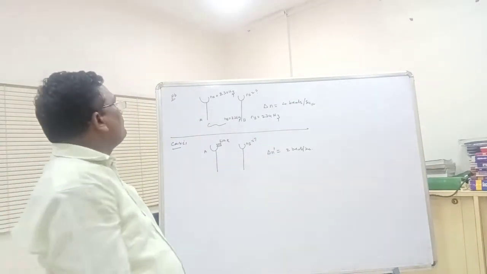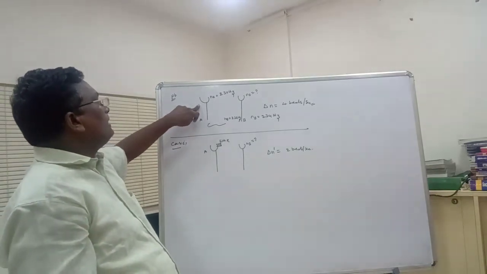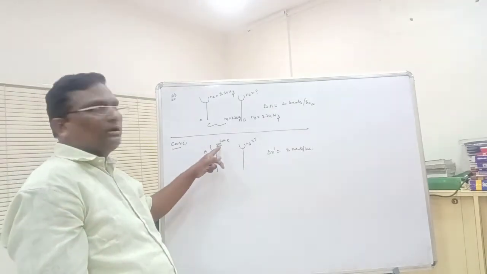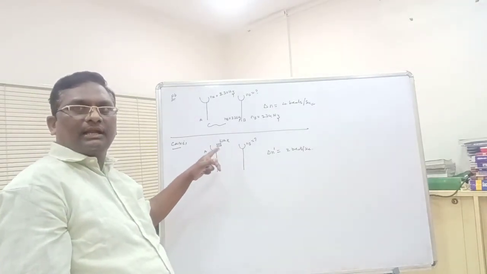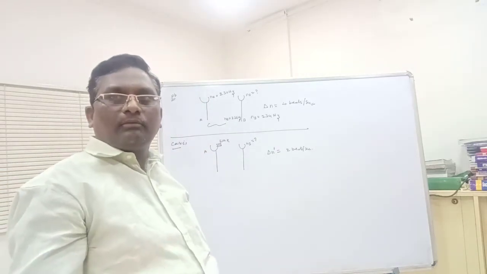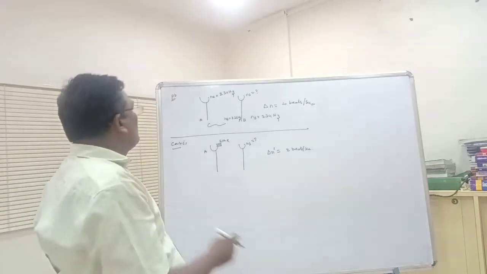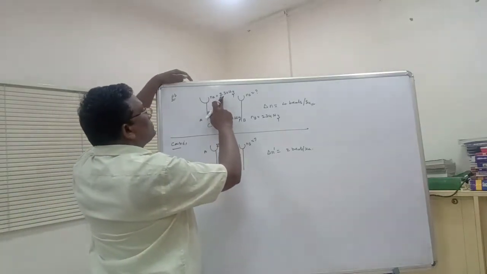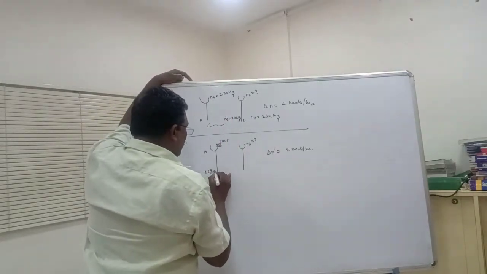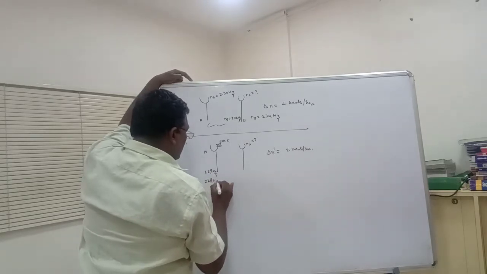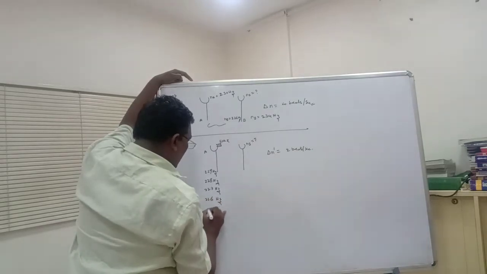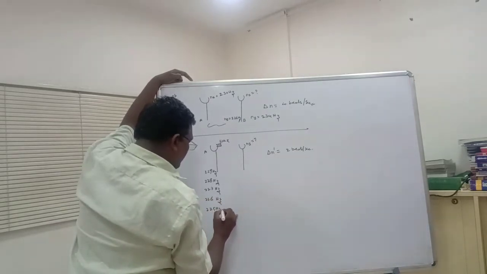In tuning fork A, the frequency is 230 Hz. If you load tuning fork A with wax, then its frequency will reduce. Why? Because moment of inertia will increase, number of vibrations will decrease. So initially it gives 230 Hz, now it gives only 229, 228, 227, 226 or 225 Hz and so on.